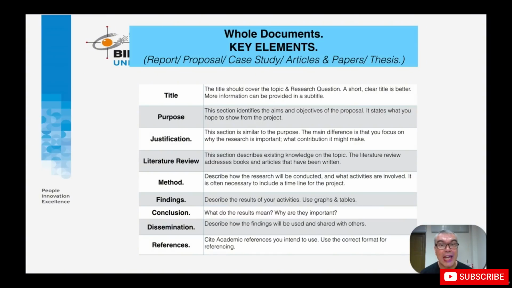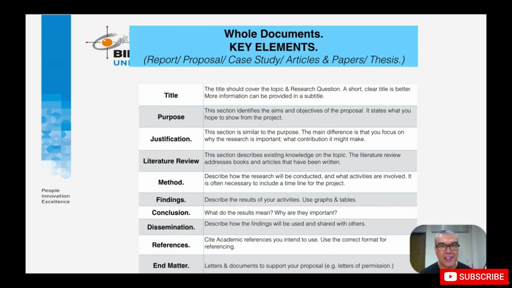Now, the final element is the end matter, and end matter might be letters or documents that can be used to support your writing. Okay, so they are some of the key elements of most of the types of academic writing documents that you have.